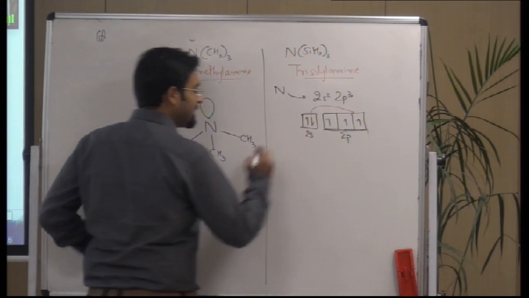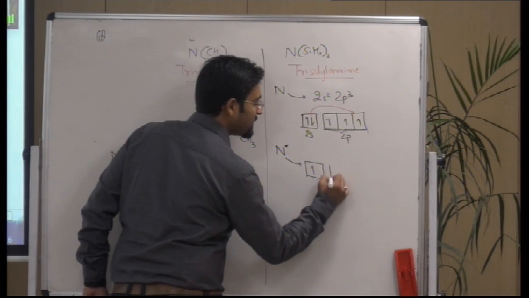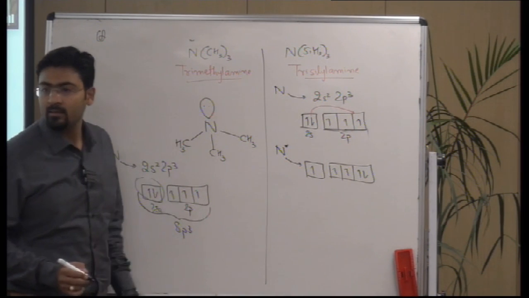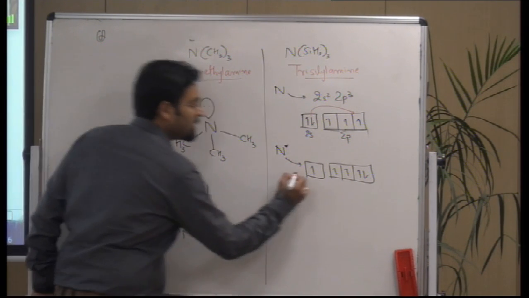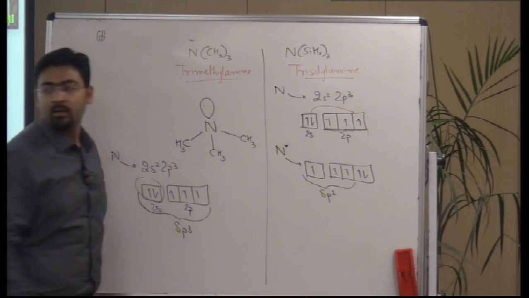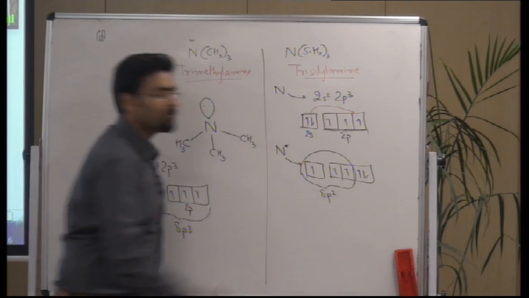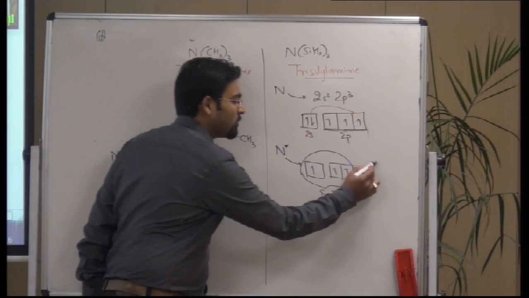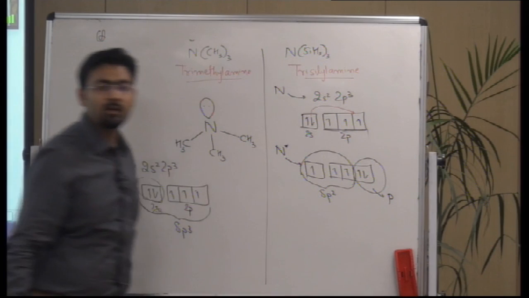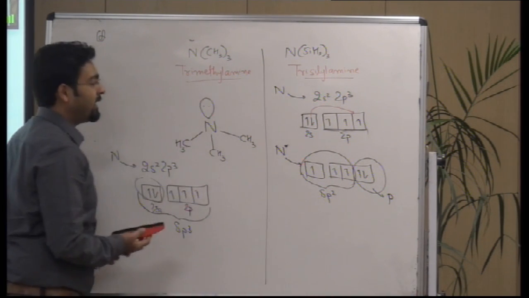So in its hybridized state, the electronic configuration will be 2s1 and 2p4. I'll tell you why it does that. It will use these 3 orbitals and form sp2 hybridization. So now it has one lone pair which is not in a hybrid orbital but is available in a normal atomic p orbital. Okay. So how does it have an advantage?